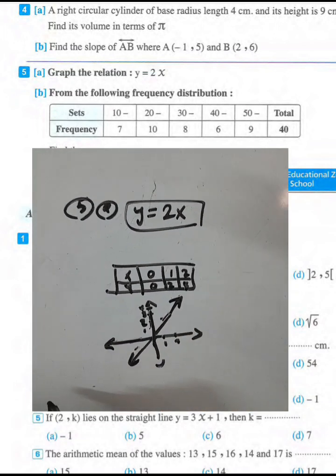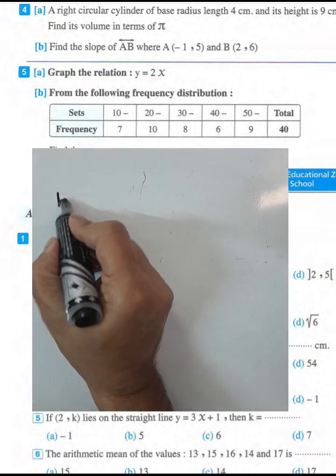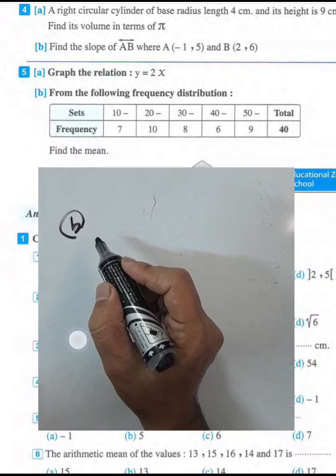Okay, next question. Question letter B. From the following frequency, find the mean.